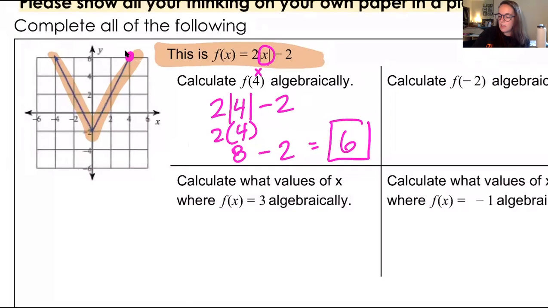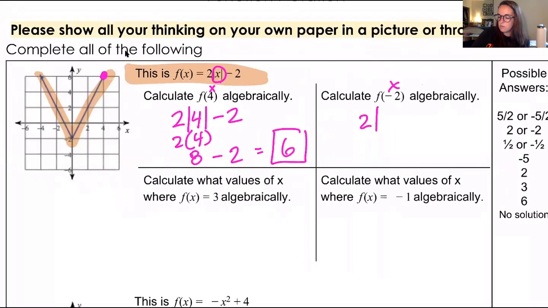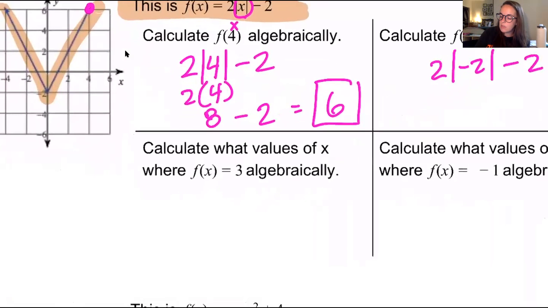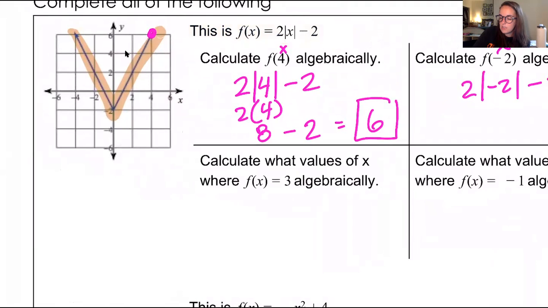Okay. The same thing would happen for this one. So you're plugging in -2. So you'd have 2, -2, minus 2. The absolute value turns into positive, and then you can go from there, right? If we are thinking about f of x equals 3, that means that this function here is equal to 3.